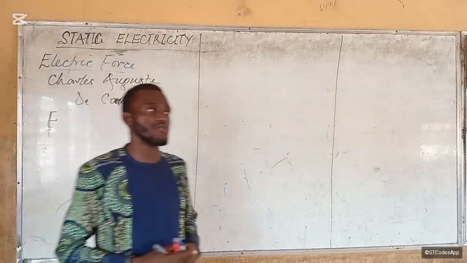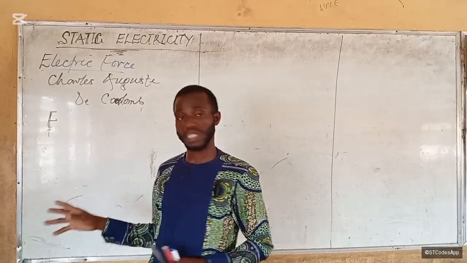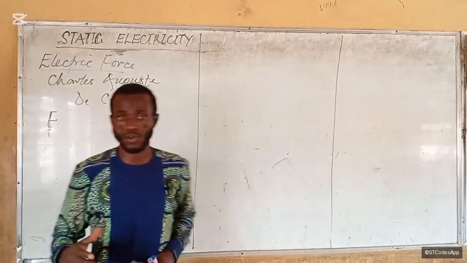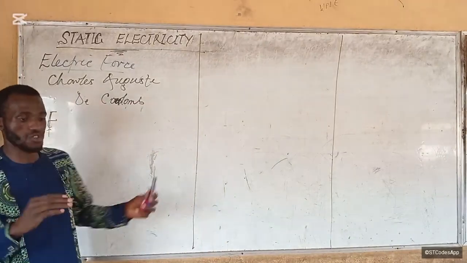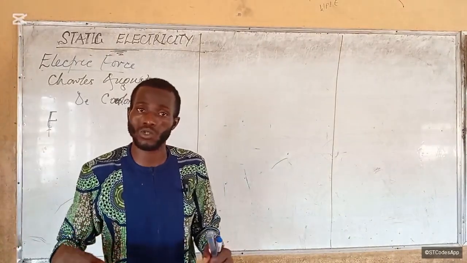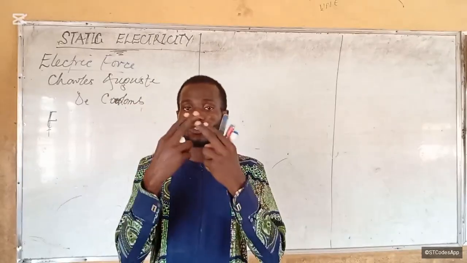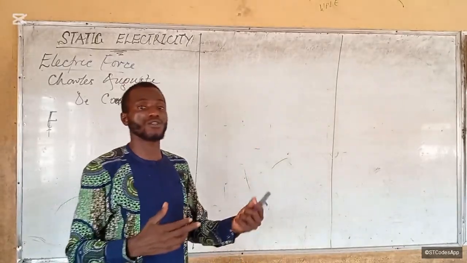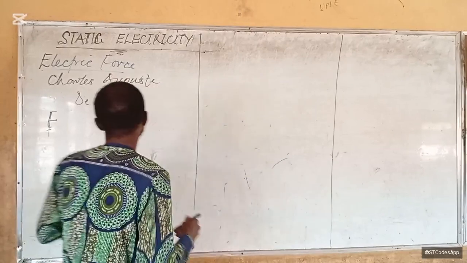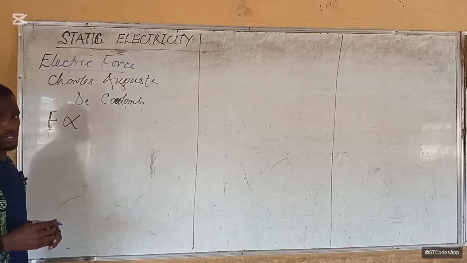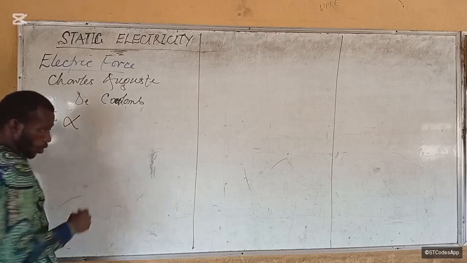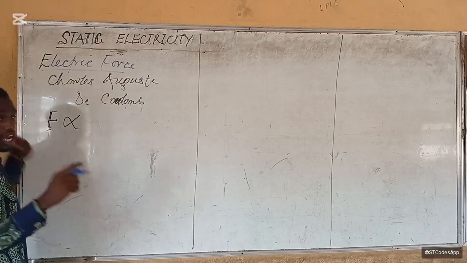And for WAEC students, if we're stating laws, this is how you are going to be stating it. Is that okay? But of course, in JAMB we don't state that, so just watch me. The force F of attraction, which means unlike charges, or of repulsion, like charges, between two charges is directly proportional to the product of the charges.